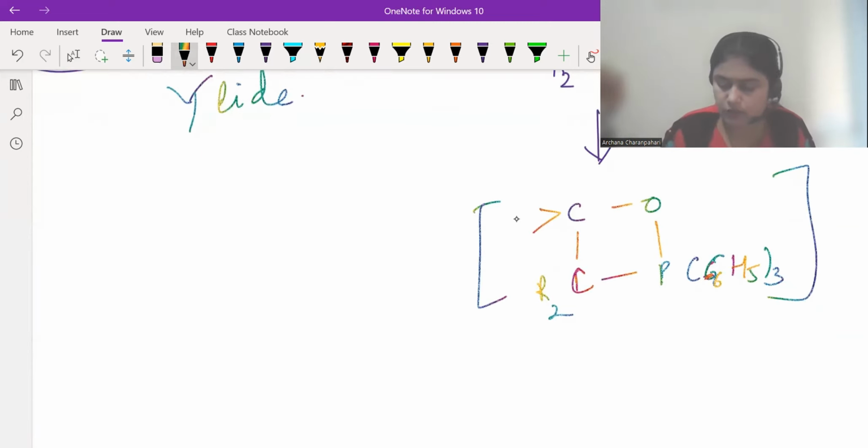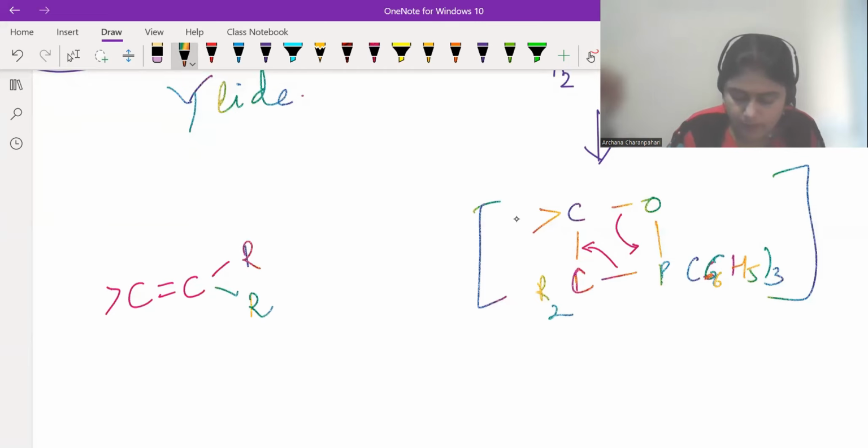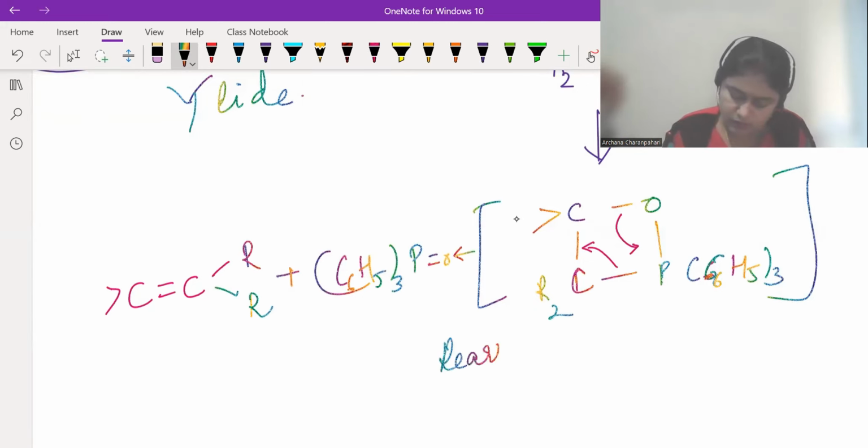Positive and negative charge can form a bond like this, and in the next step, we will have rearrangement to give this alkene and triphenyl phosphine oxide. This is the rearrangement.